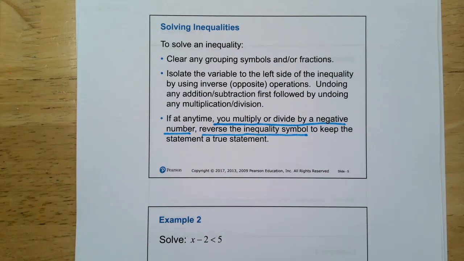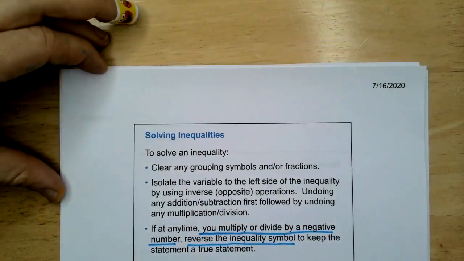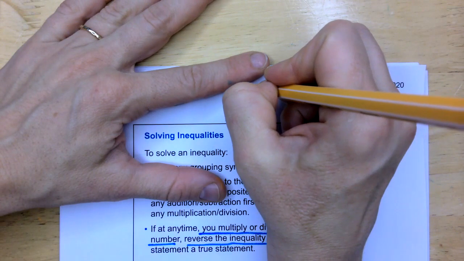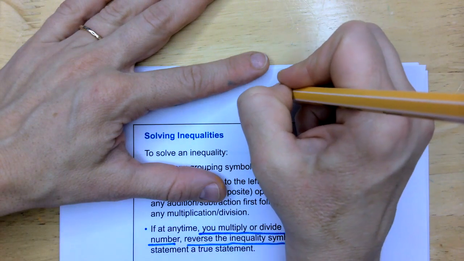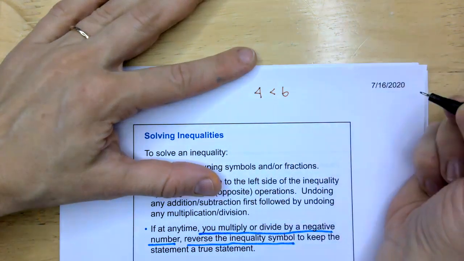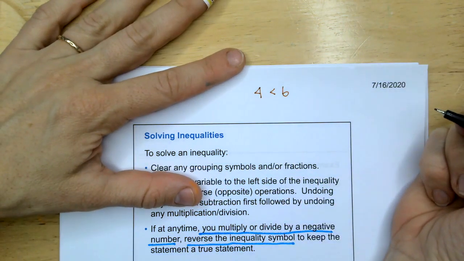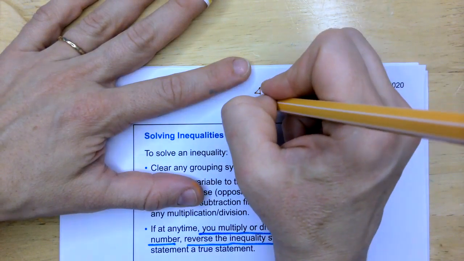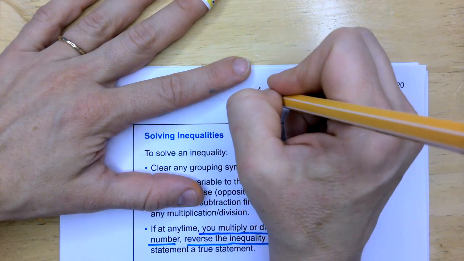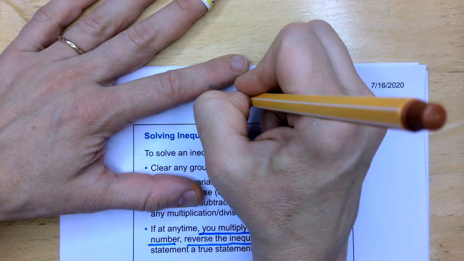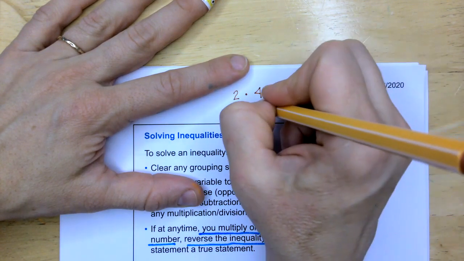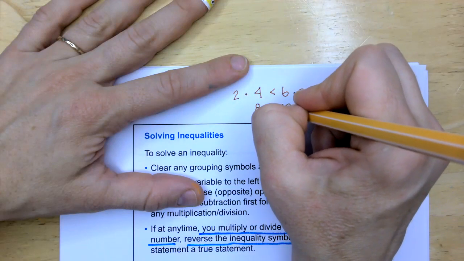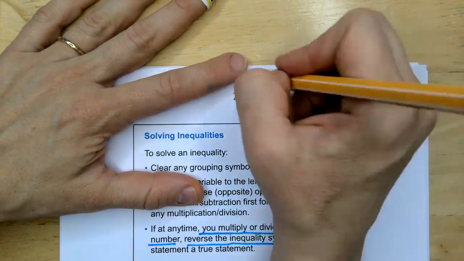So, if I had 4 is less than 6, we know that's true, right? If I multiply both sides by 2, 8 is still less than 12, right?